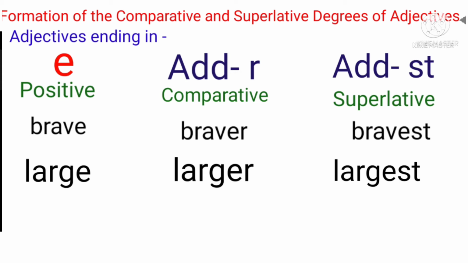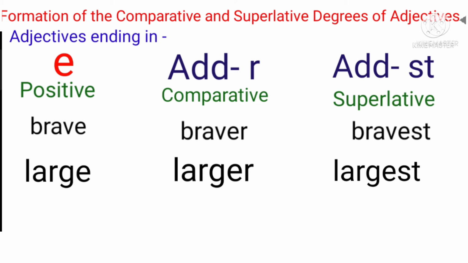But when you are comparing it with another large thing, under comparative degree it will become larger, so we need to add r with it. And if the comparison is among more than two things, under superlative degree you have to write it like largest, so you add st at the end of that adjective.